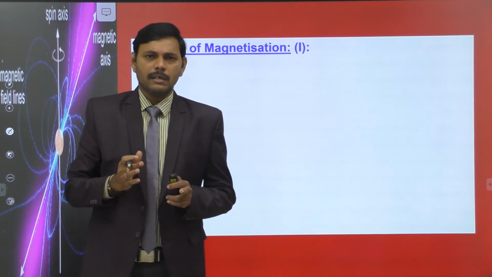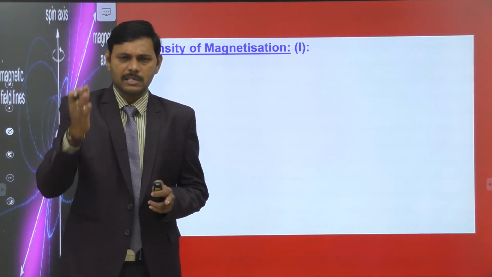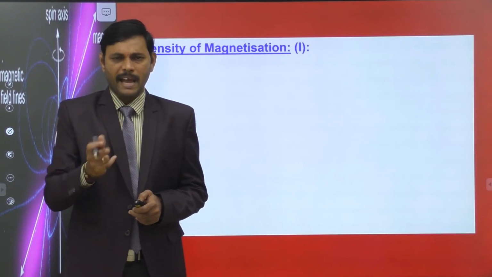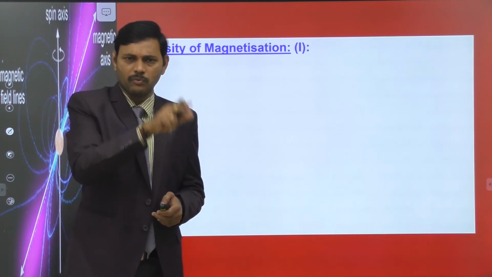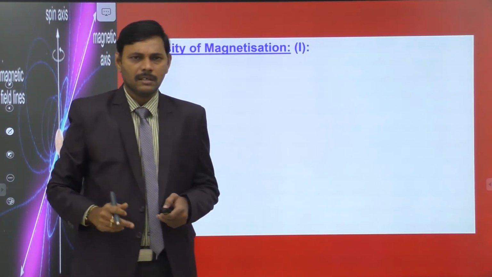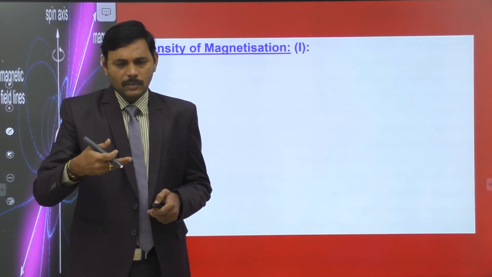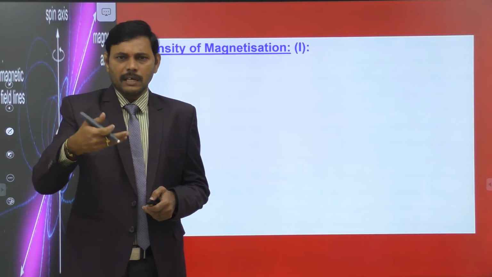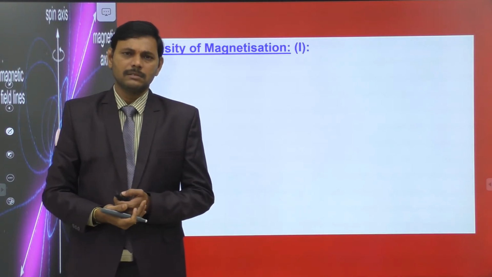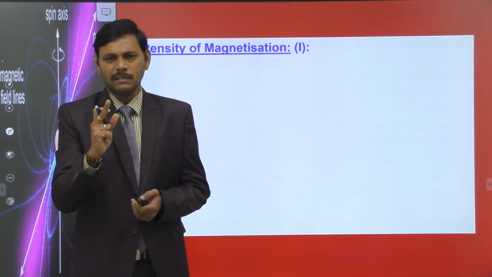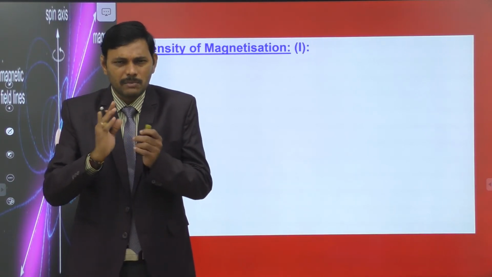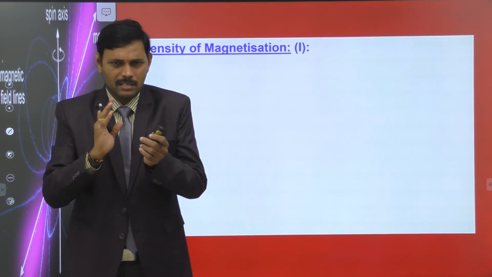In today's explanation, the very first definition is magnetic intensity, or magnetizing force or magnetizing field. I am repeatedly giving the names of the physical quantities for only one reason: there is a possibility of getting confused because all the names are related to magnets.